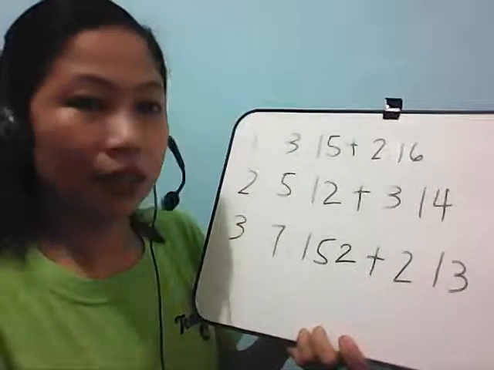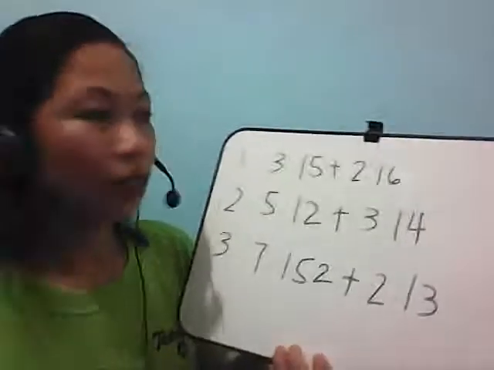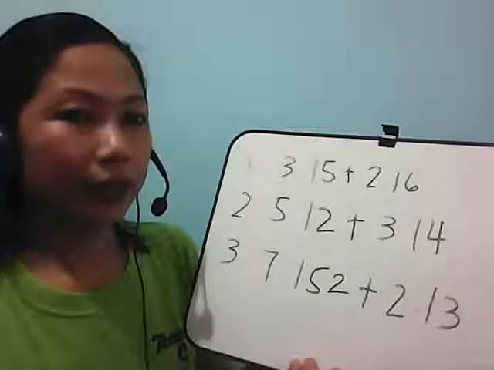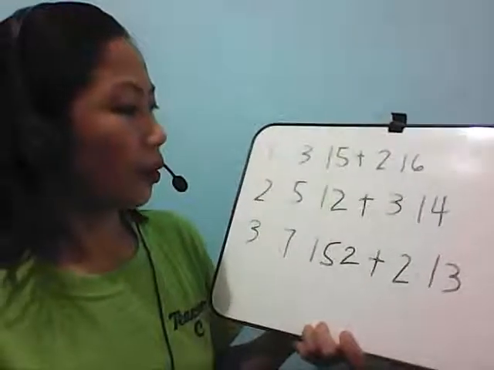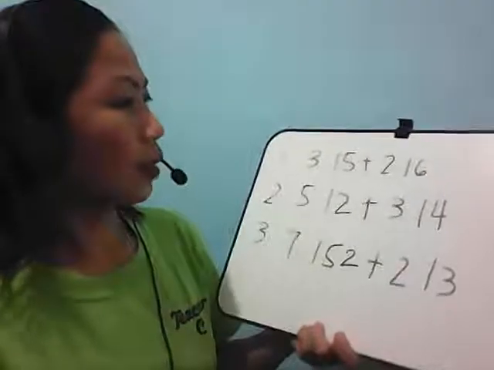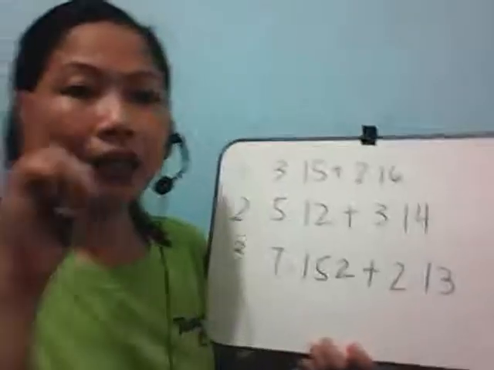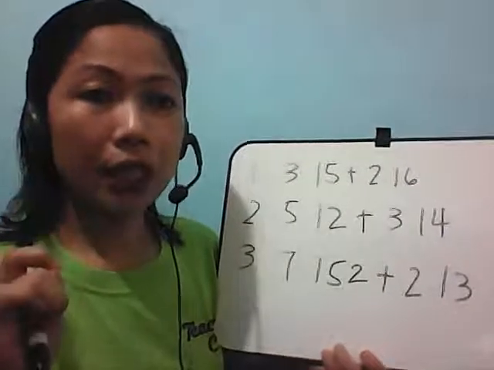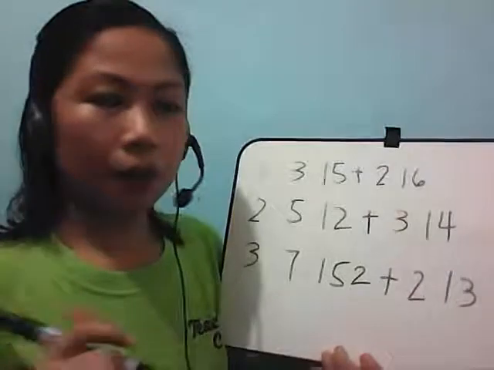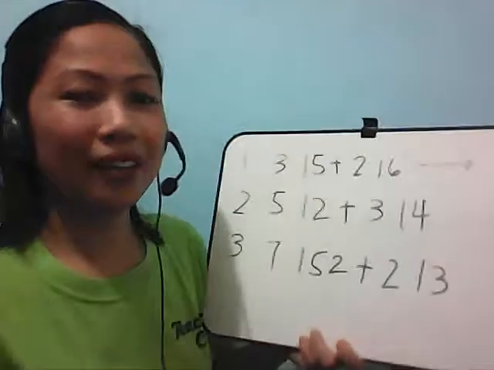All right. So, okay. Let us solve first the number one. So again, sabi 'di ba? We need to first rearrange in column. How are we going to do that? Okay, dito tayo magsusolve. Maliit yung space.